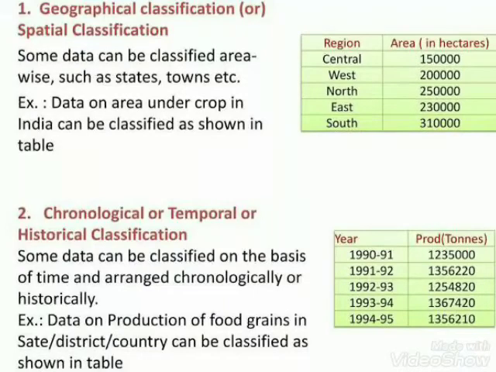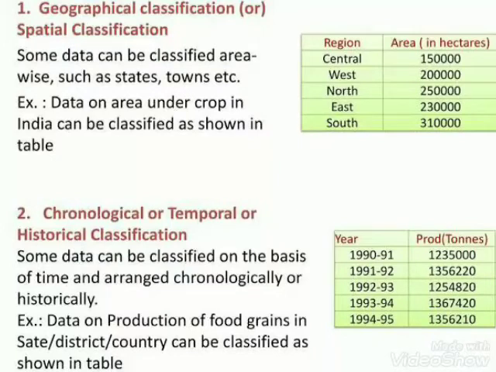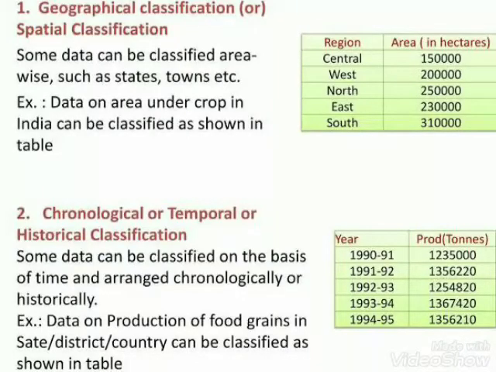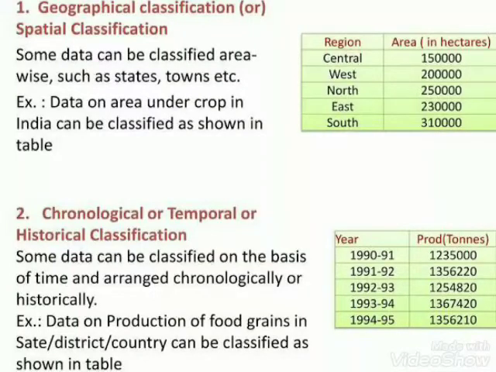And on the other side we have divided the area by location. So it has been shown how, if we talk about central India, then around 150,000 hectares of area is under crop production. If we talk about western India, then around 200,000 hectares of area is under crop production.